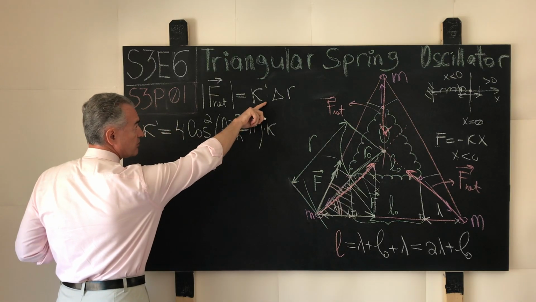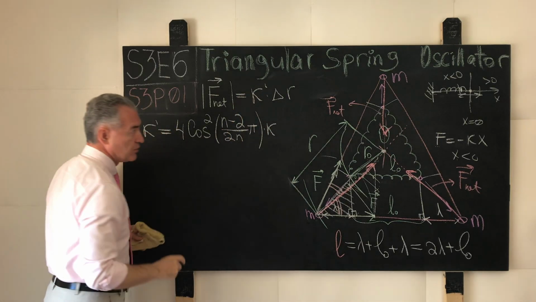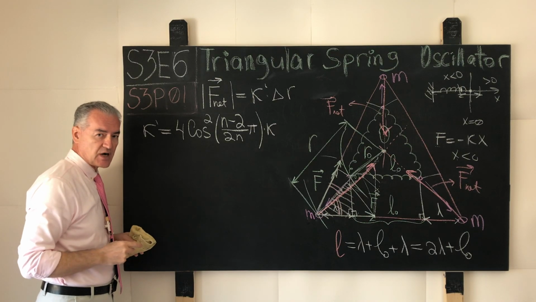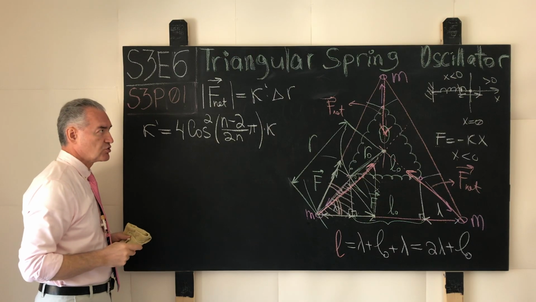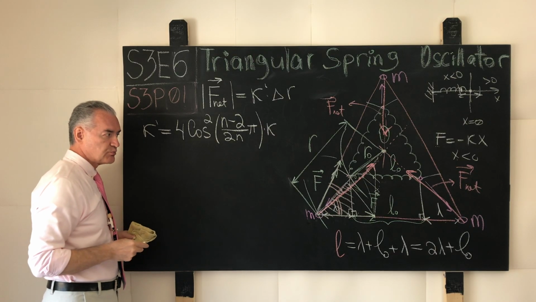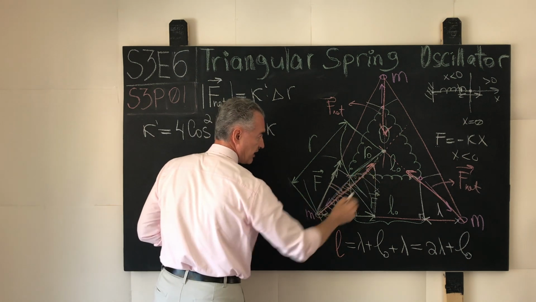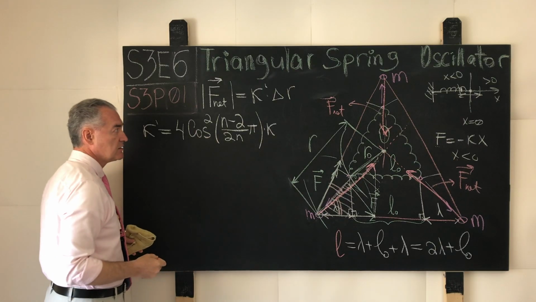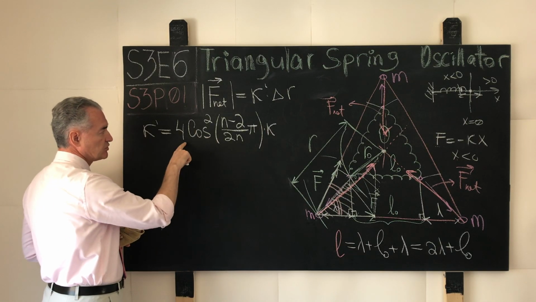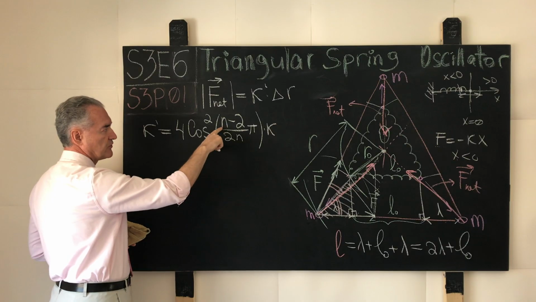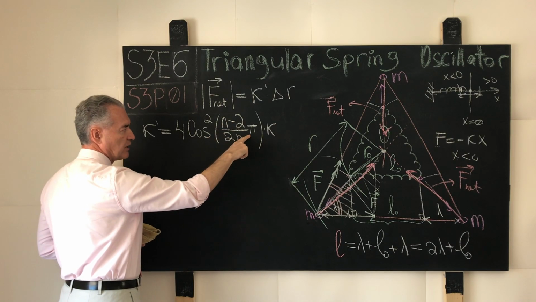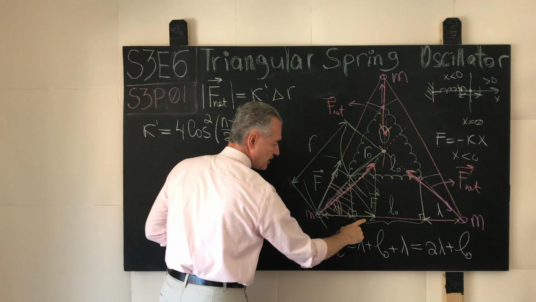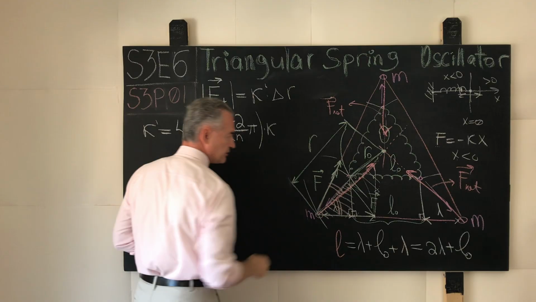It has this shape, where K prime is the constant of the virtual spring that runs radially and is attached to the circumcenter of the parent equilateral triangle. It can be expressed this way: 4 cosine squared of (n minus 2) over 2n times pi, times k, and k in this case is the constant of the actual physical spring.